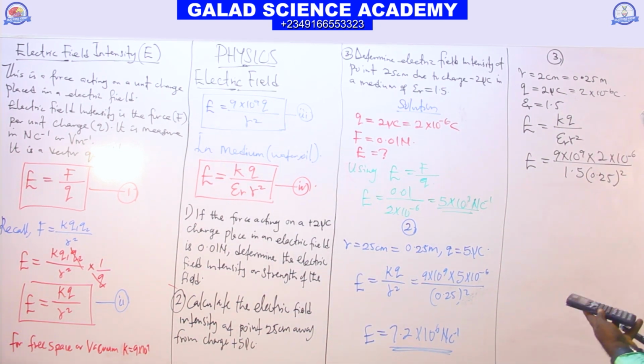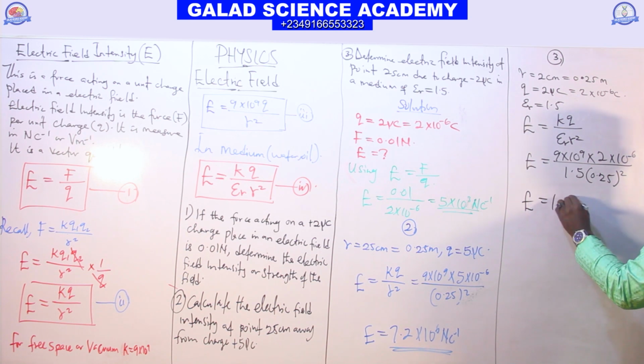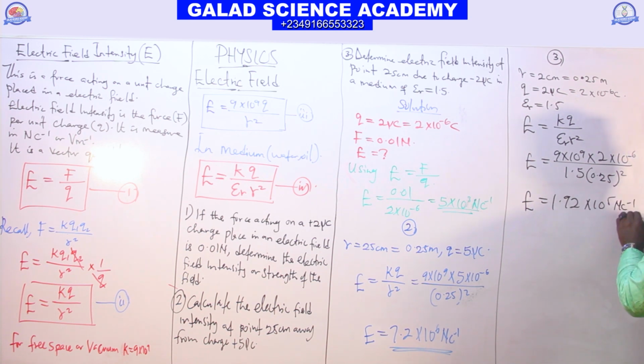If I press the calculator, we are going to end up with 1.92. Electric field intensity will be 1.92 times 10 raised to the power 5 Newton per coulomb.